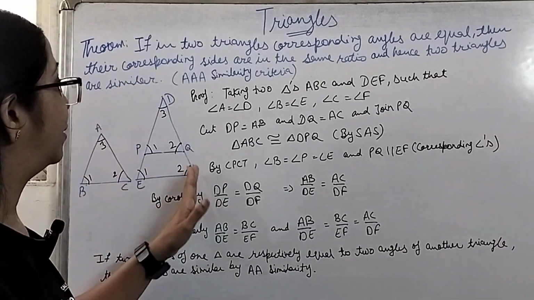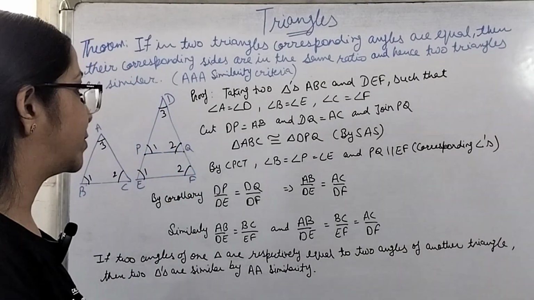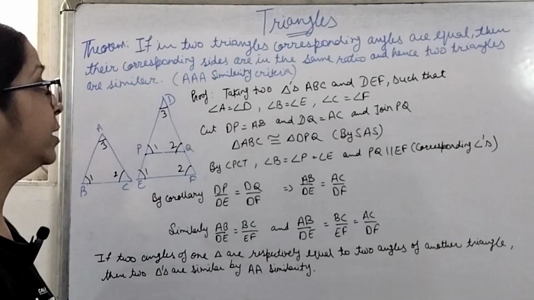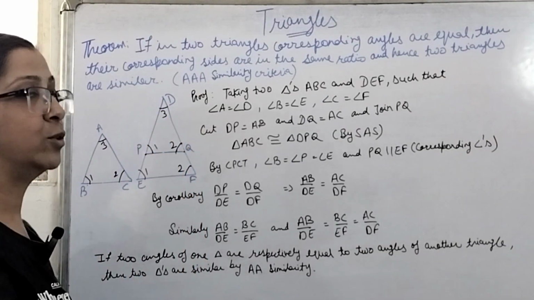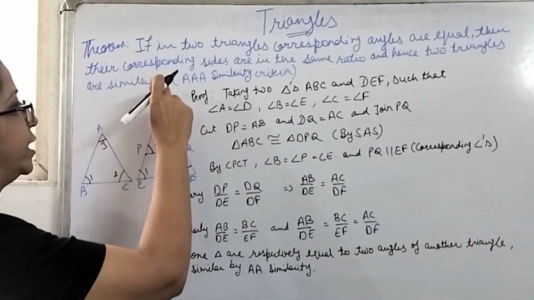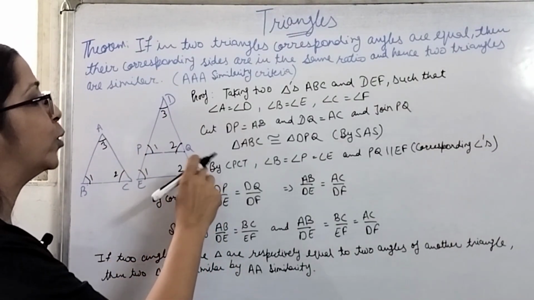Now in a triangle, by BPT, as we have just seen, if we draw a line parallel to any one side of a triangle, then the other two sides are divided in the same ratio. That means DP over PE will be equivalent to DQ over QF.